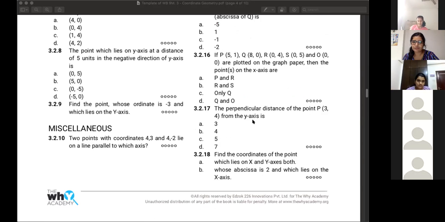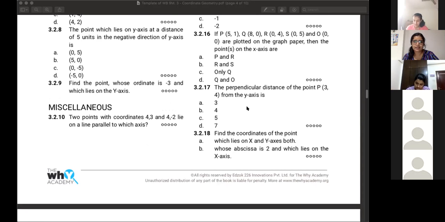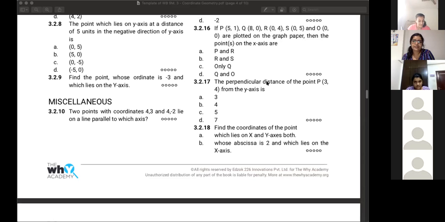Okay, again, what are there on the x-axis? Sujal, perpendicular distance of the point P from the y-axis is? Ma'am, point P is 3,4, 3 in this direction, 4 in this direction.